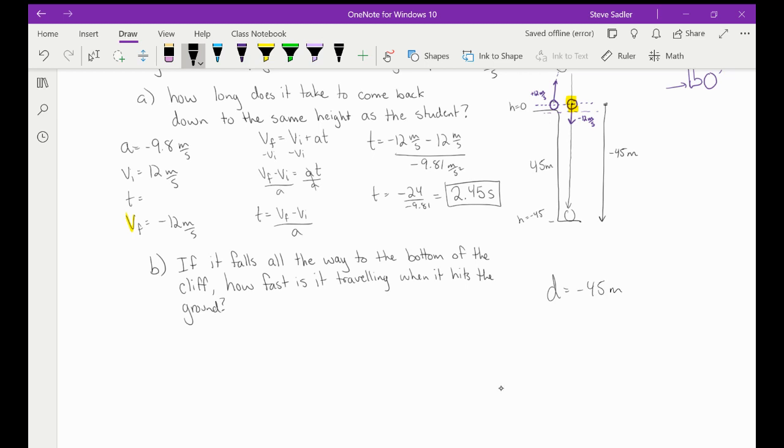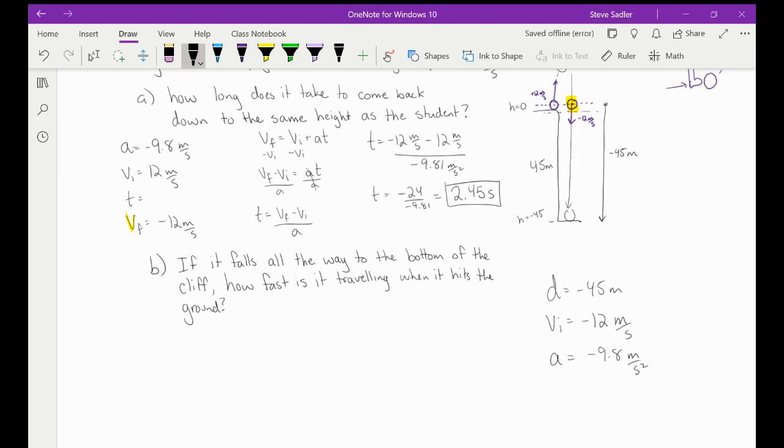So using this knowledge, we know that the displacement here is going to be negative 45 meters. The initial velocity, so we're going to take the yellow highlighted portion of this question to be our initial part. It doesn't really matter what happened before that, because at this part we know it's moving at negative 12 meters per second. And we know the acceleration is going to be negative 9.81 meters per second squared because it's falling, so it's subject to gravity.